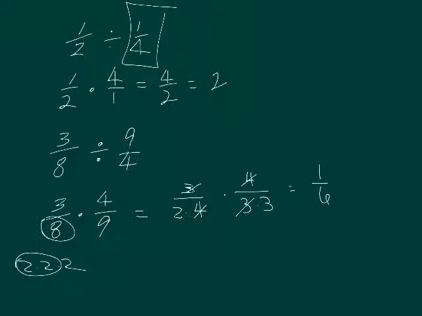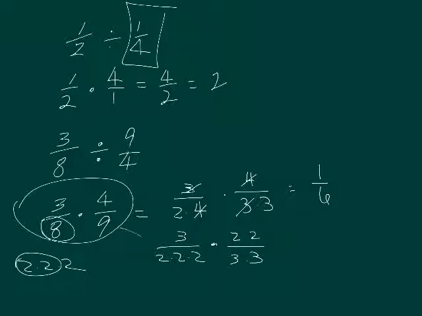Now let's say that I do reduce it to the primes. If I put my 8 as 2 times 2 times 2, and my 4 I'm going to make 2 times 2, and my 9 I'm going to make 3 times 3. So I just took this here and wrote it as a product of primes. I can cross out those two with those two, that one with that one, and I still get 1 over 2 times 3, 6.